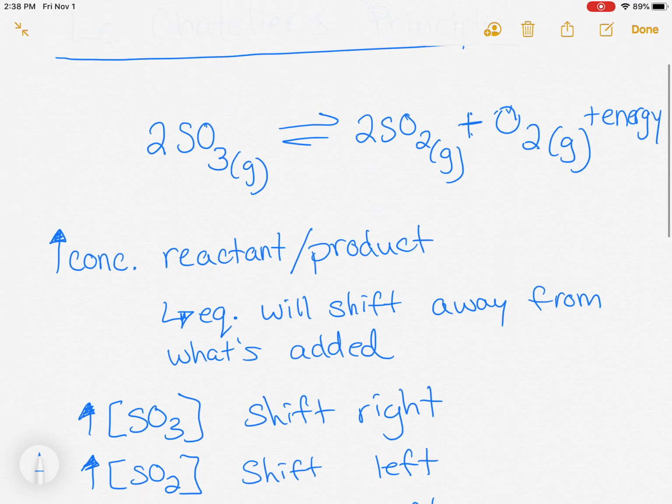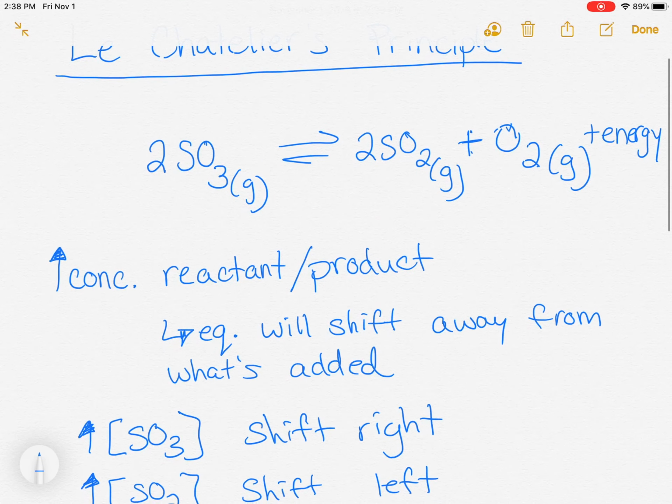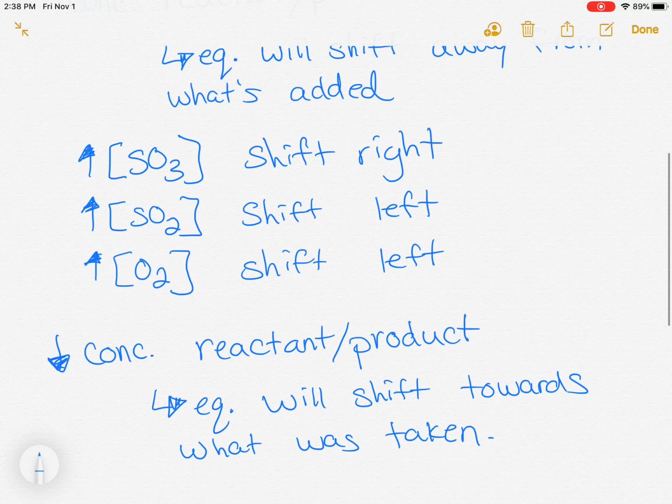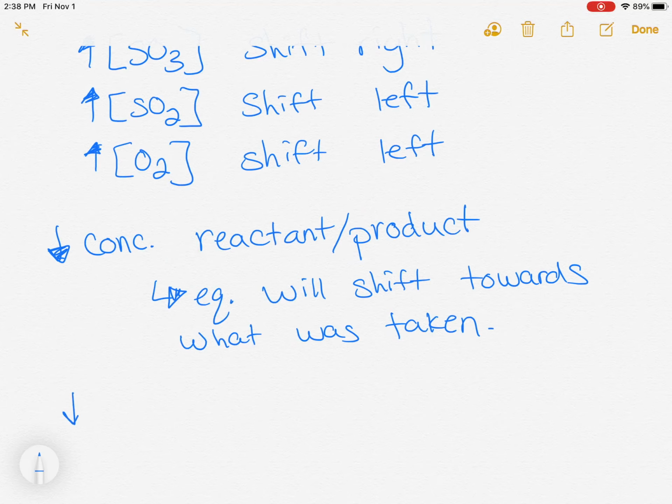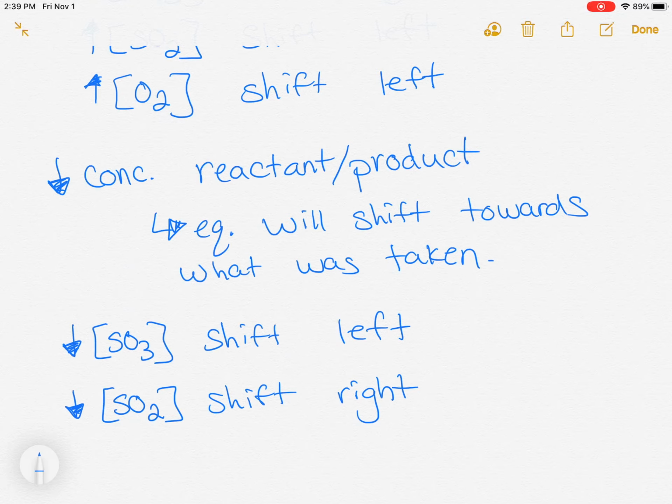So if we look back at our reaction, if we take away some SO3, so we decrease its concentration, then we'll shift towards the SO3. So we will shift left. If we decreased the concentration of one of our products, the SO2, then we would shift to the right. That would be the same if we decrease the concentration of the oxygen gas as well.